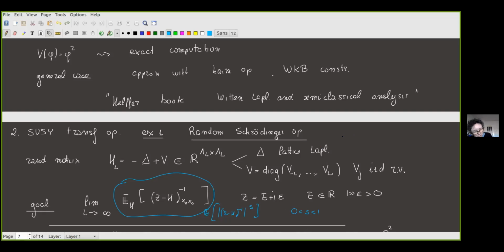I'm not sure if you're asking about that, but for random Schrödinger, what you know is that in dimension 1, you always have localization and exponential decay of the eigenfunctions. In dimension 2, you expect always localization, but it's proved only for large disorder.